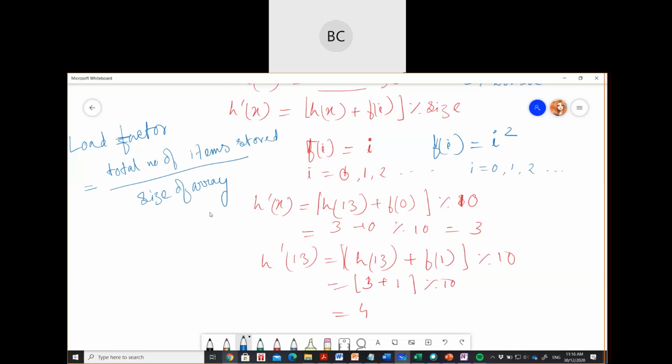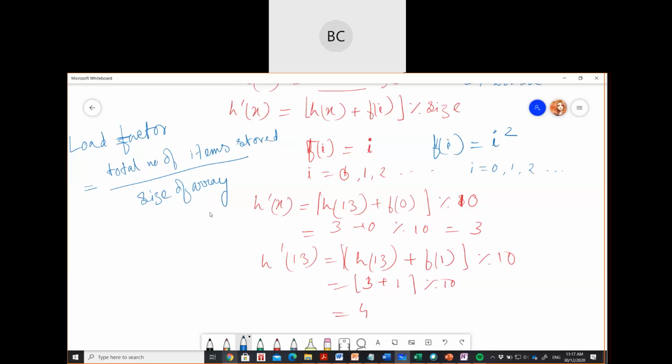So we have to find out a load factor for the hash table. Whenever we see load factor, we have to put a threshold on that. Whenever we see that the load factor is exceeding the threshold value, then we have to allocate some more memory. If it's dynamically allocated memory, then it's fine and it won't be a problem. But if it's static, then it will be a problem.